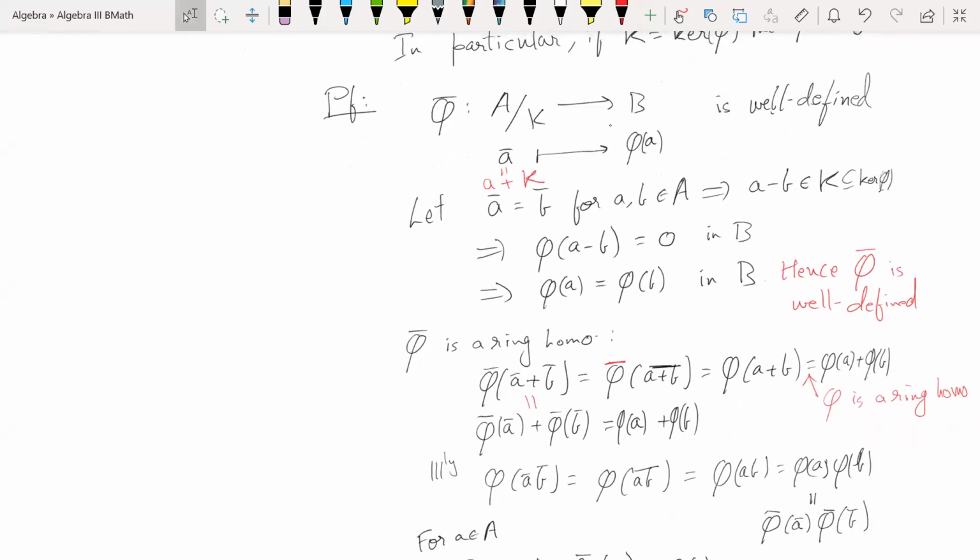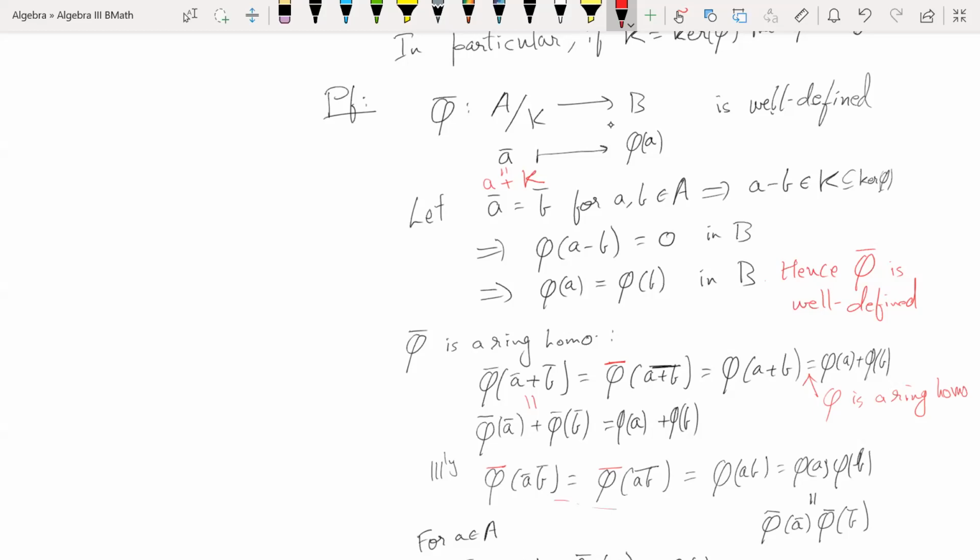So phi bar, yeah, so we have forgotten this. Yeah, so phi bar of A bar times B bar is equal to phi bar of AB bar, which is equal to phi of AB, yeah, by definition of phi bar. But phi of AB is the same as phi A times phi B, and phi A is the same as phi bar A bar, and phi B is the same as phi bar B bar. So that tells you that phi of A times phi of B is phi bar of A bar times phi bar of B bar.